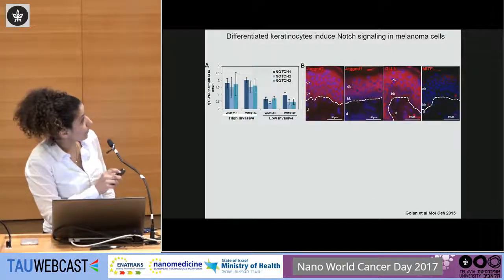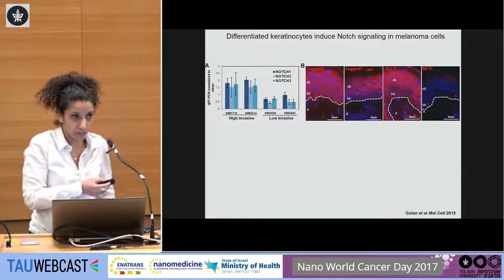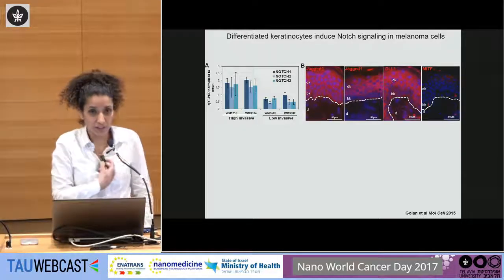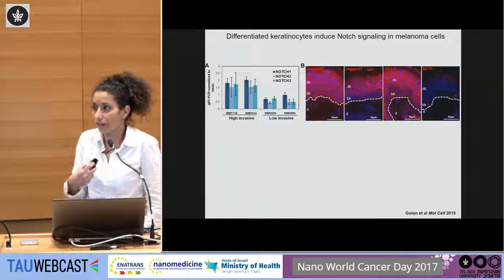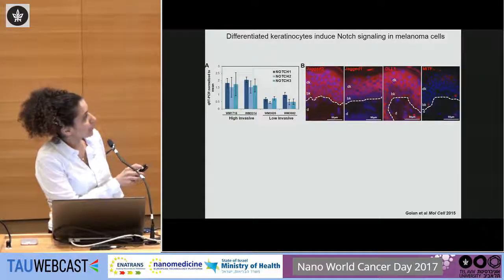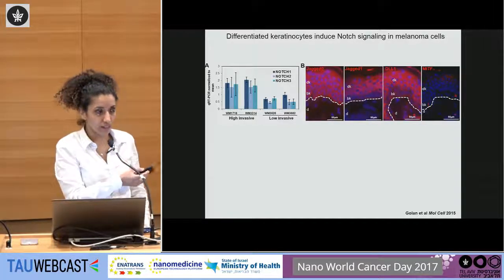So we checked first whether human melanoma cells are actually expressing the receptor. Yes, they do. And when you look at the microenvironment, you look at our skin to see whether our skin is actually expressing the ligand, we saw something striking. We saw that there are different layers of the skin which are characterized differently with the Notch ligand.